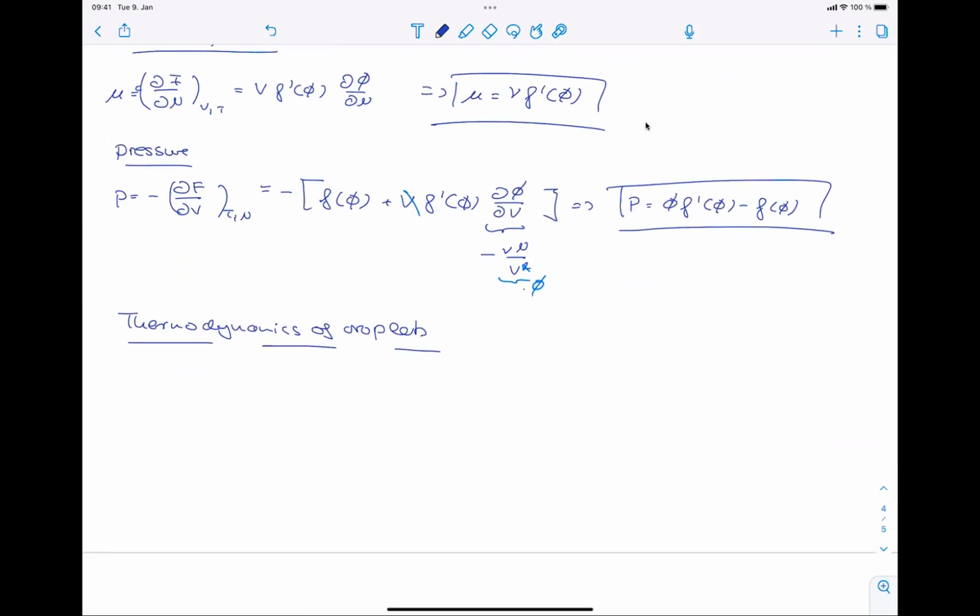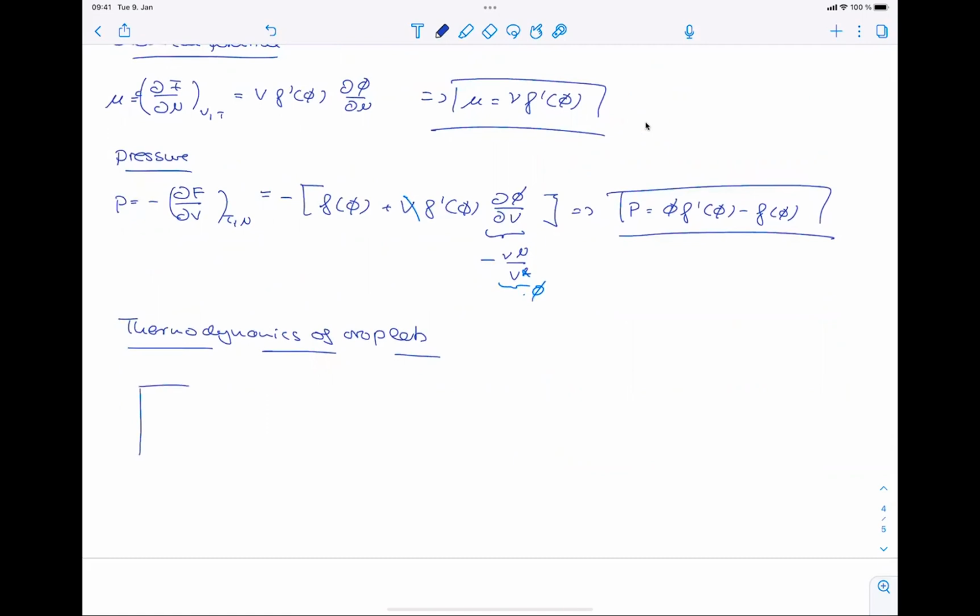Okay, so let's consider a fixed volume. And I have a droplet. This droplet has a radius r and has a composition of volume fraction of phi in, and I have an outside volume fraction of phi out.